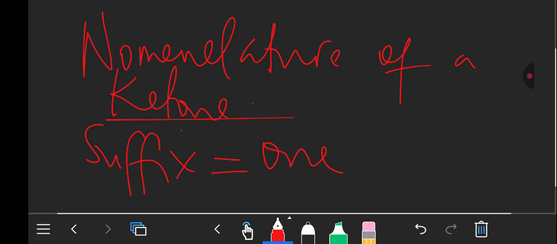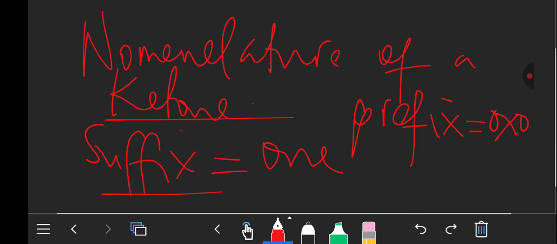Then the prefix, just like an aldehyde, for a ketone will always be "oxo". So we need to understand that the suffix is the one which ends with "one", just like an aldehyde ends with "al", but for the ketone the suffix is "one", while the prefix is "oxo", just like that of an aldehyde. So it's very important that we understand that.